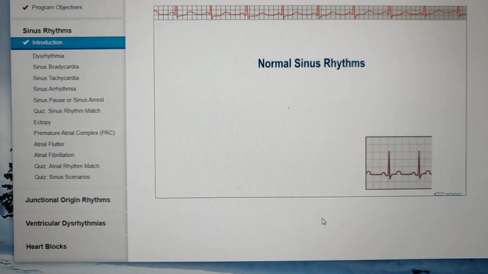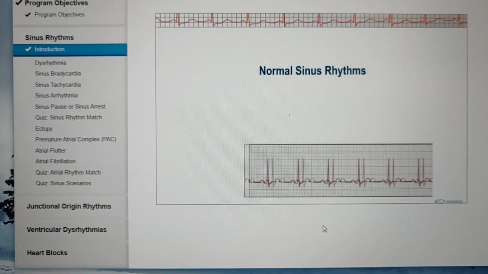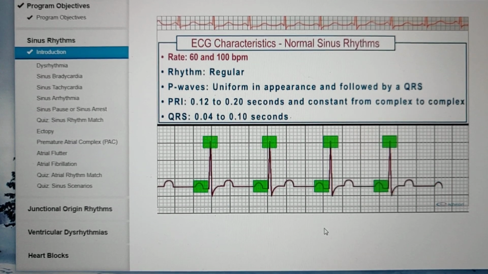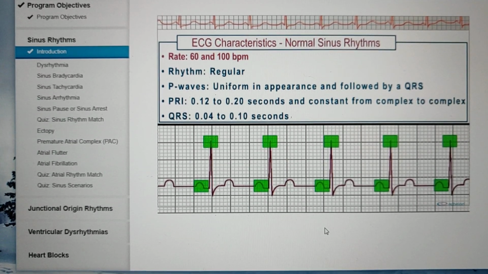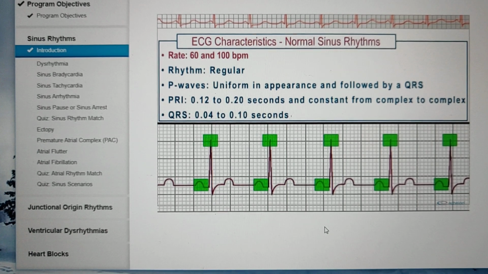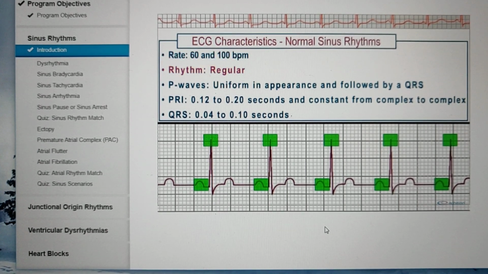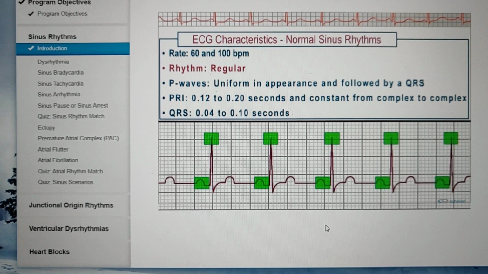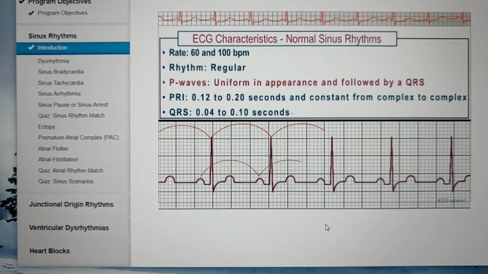Let's examine the ECG characteristics for normal sinus rhythms. Rate. The normal sinus rhythm has an intrinsic rate of between 60 and 100 beats per minute. Rhythm. Both the atrial and ventricular rhythms are regular. P waves.